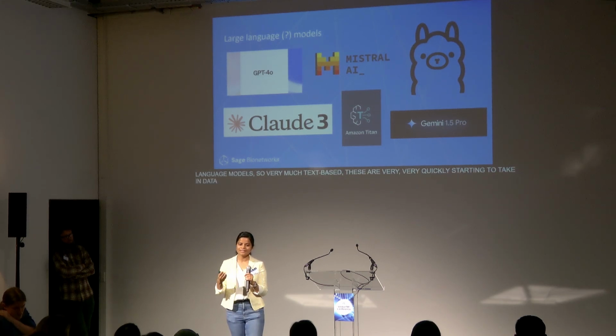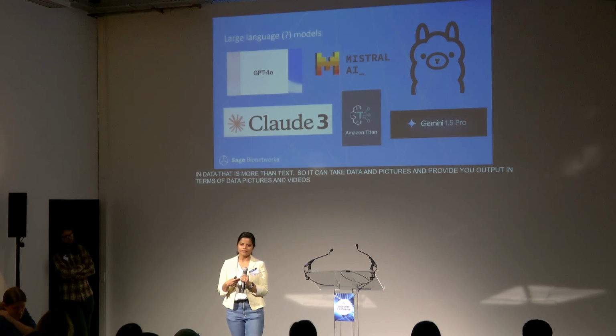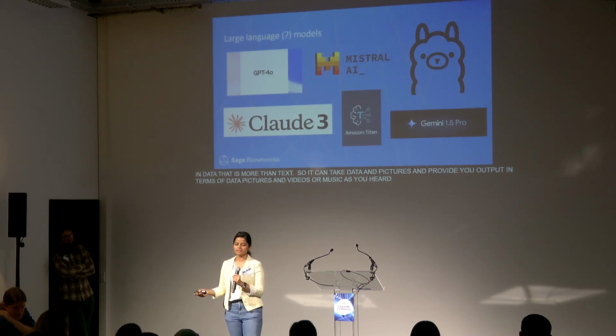So it can take data and pictures and provide you output in terms of data, pictures, and videos, or music, as you heard. And quickly they are morphing into multimodal models in addition to being language models.